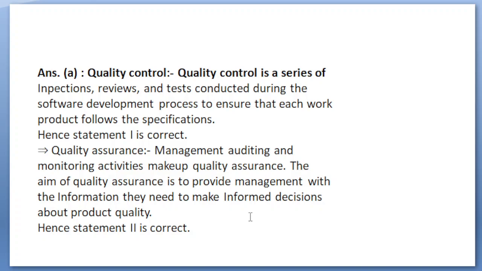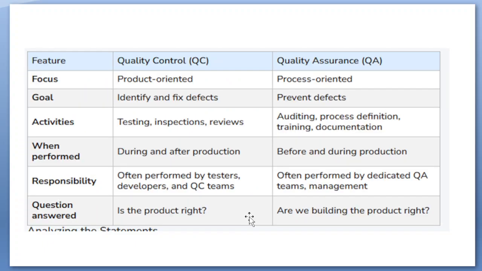That is quality assurance. Okay, these are the main differences between quality control and quality assurance. Quality control is mainly product oriented, but quality assurance is process oriented. Because quality control means the product, how it should work, that kind of activities they are focusing on.